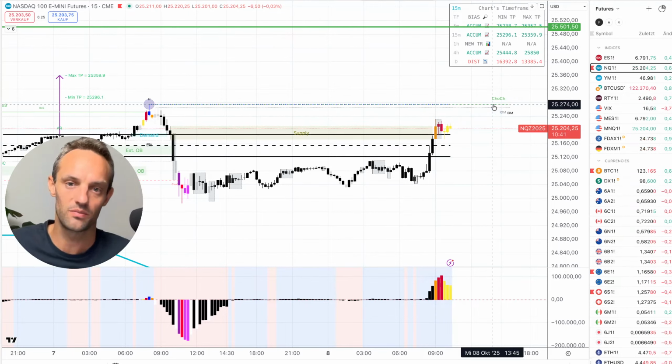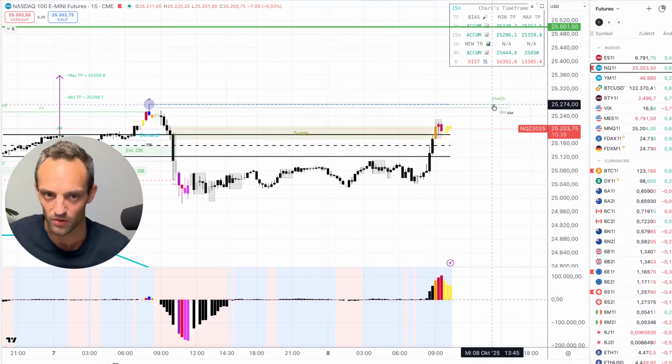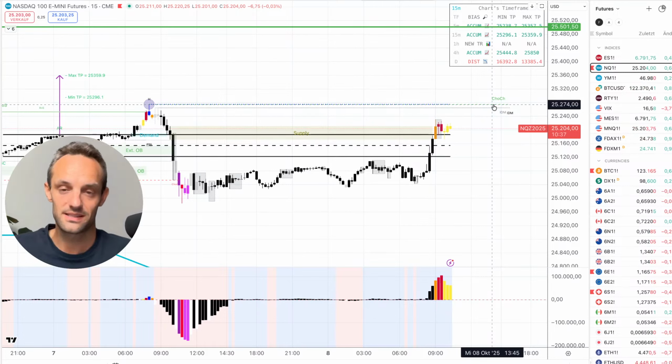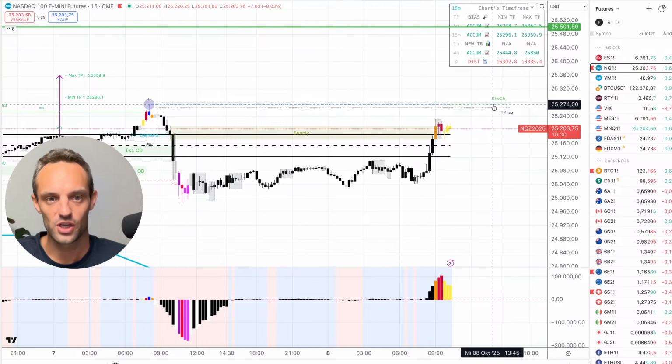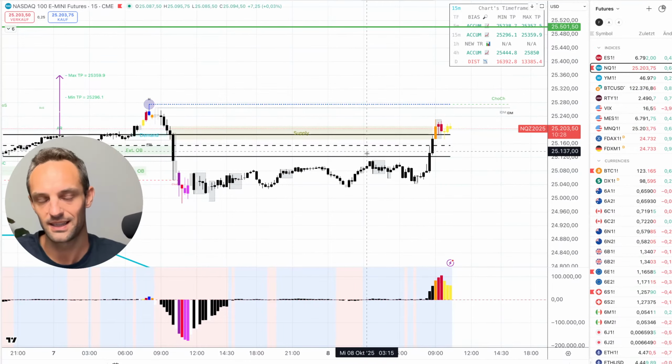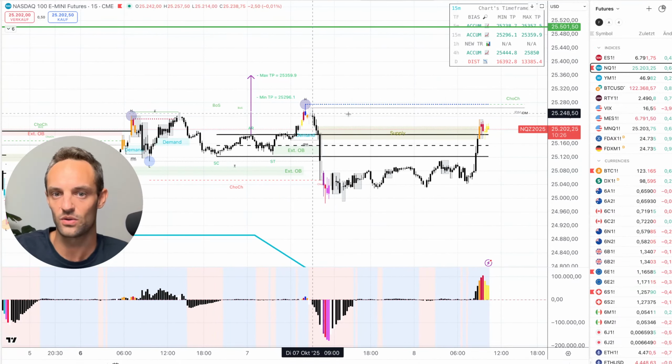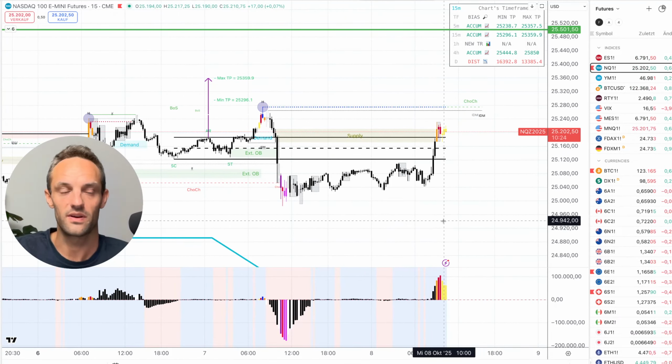So if we don't make new all-time highs today or tomorrow with these colorful candles, then the upward trend might change, and we might go into a very volatile range with very nice trading opportunities, of course. But nothing is a guarantee.